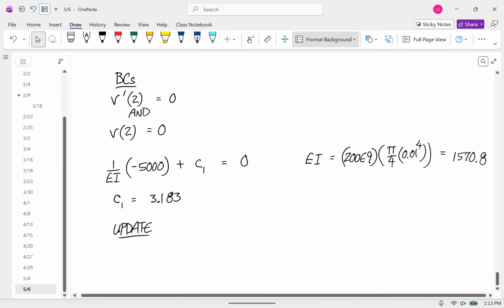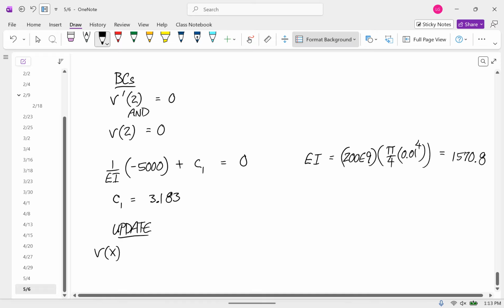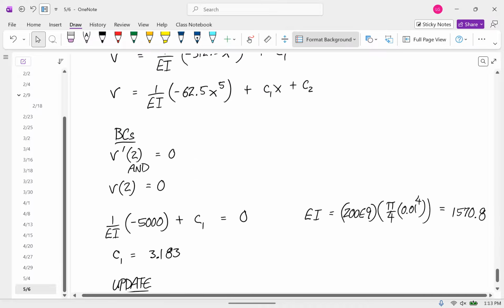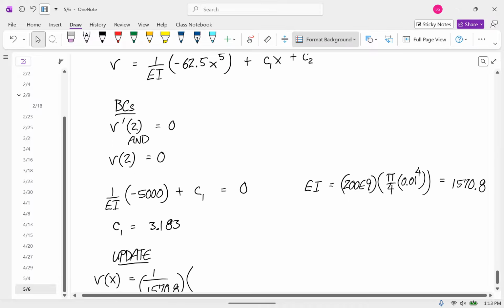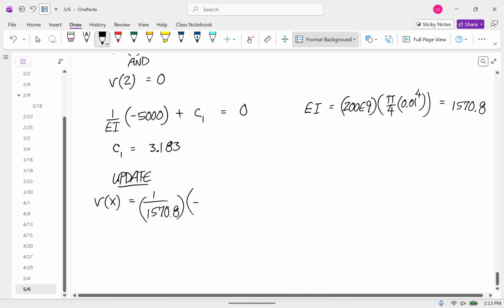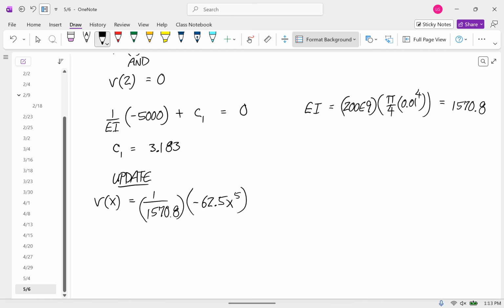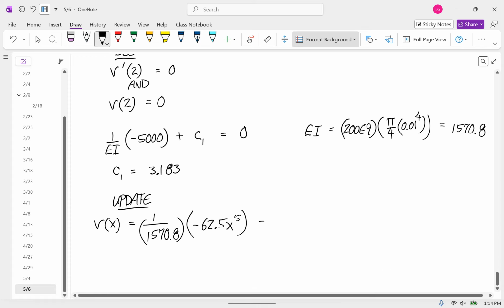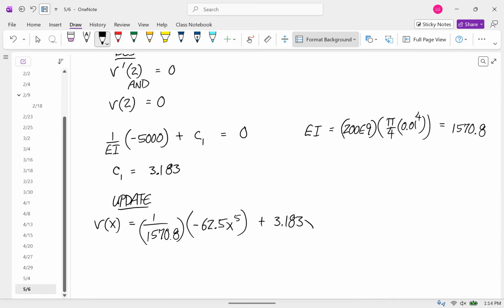And what we have is that v as a function of x now is equal to 1 over EI, 1570.8, times negative 62.5 x to the 5th plus 3.183x plus C2.